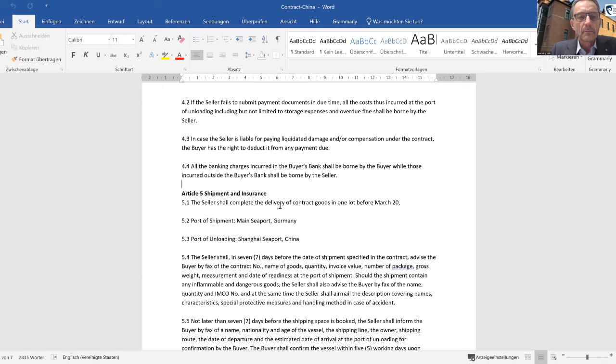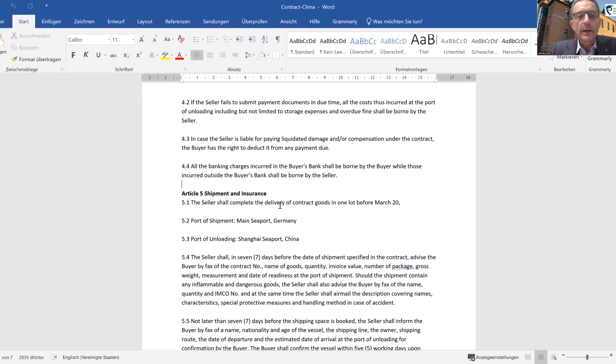Then you have not presented the documents, and you will have the problem of additional cost or fine or storage expenses. So you can't avoid every risk, but I want to show you there is a certain risk.